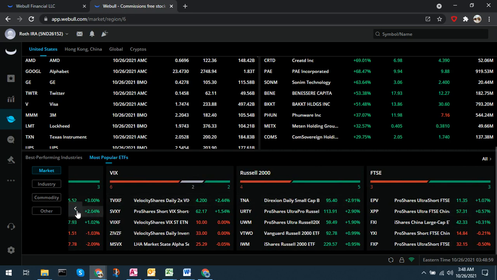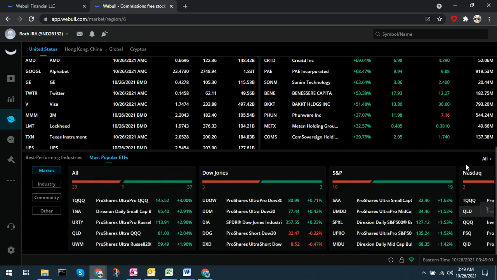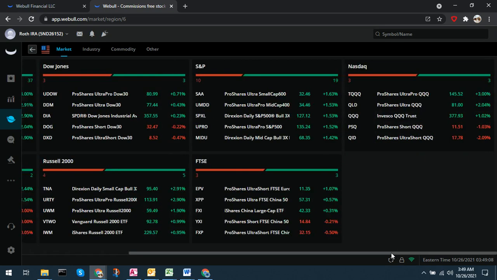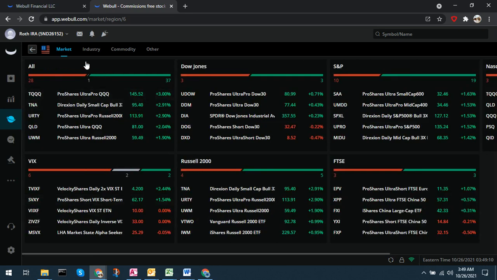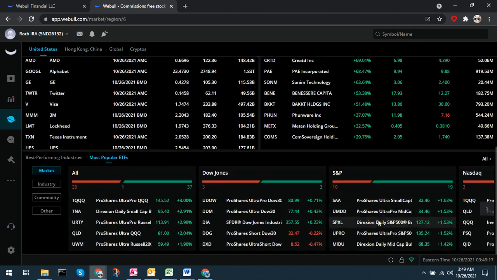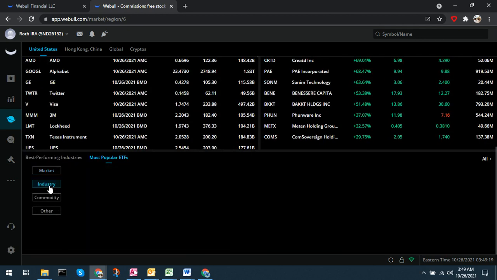We can also always select the All in the upper right, and we can see them all on one screen. So we go back and we select by industry.